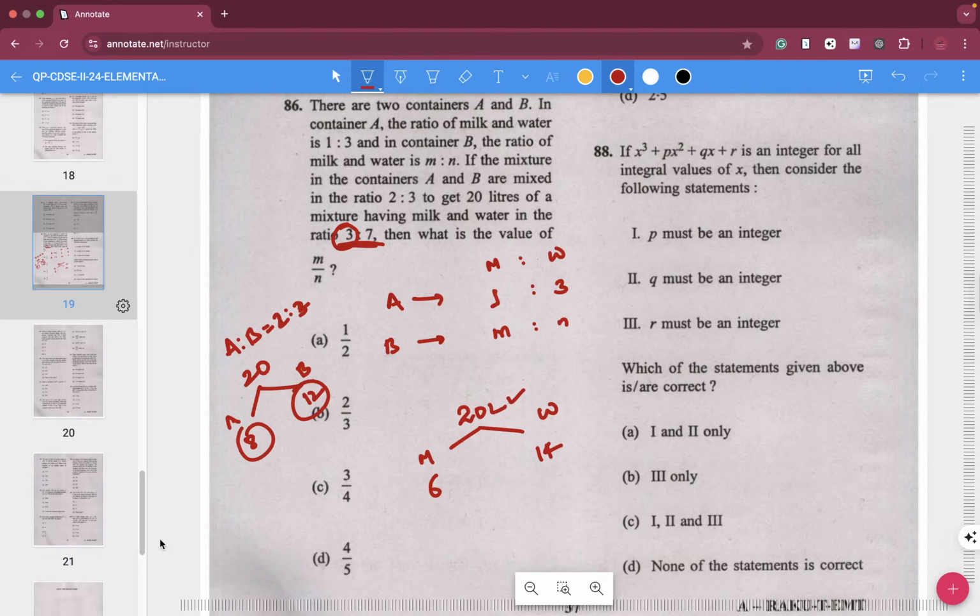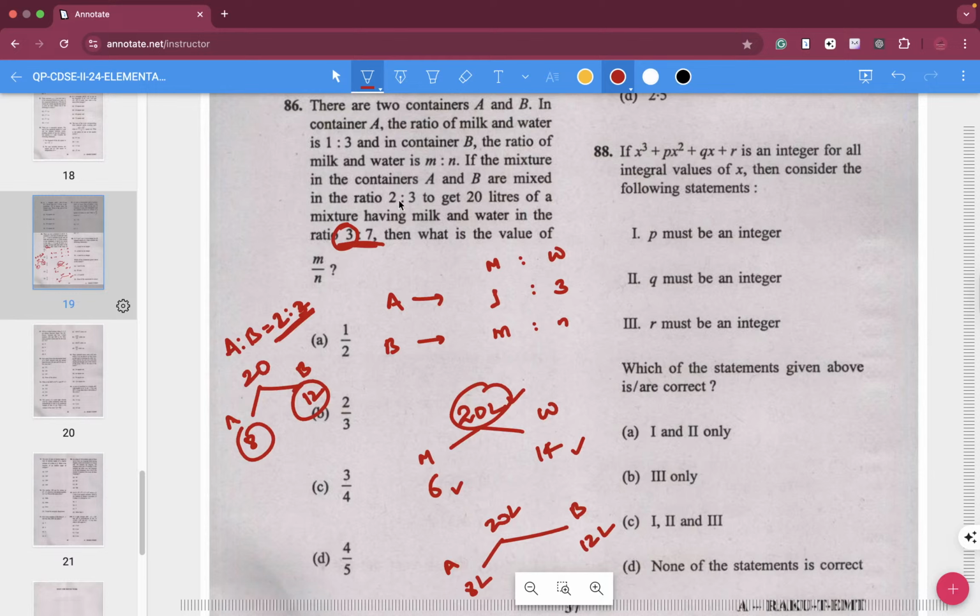Yes or no, folks? Because out of this 20 liters, overall is milk, overall is water, and out of this 20 liters, how many was coming from case A and how many was coming from case B? 8 liters was coming from A and 12 liters was coming from B, because A and B have been mixed in the ratio of 2 is to 3.